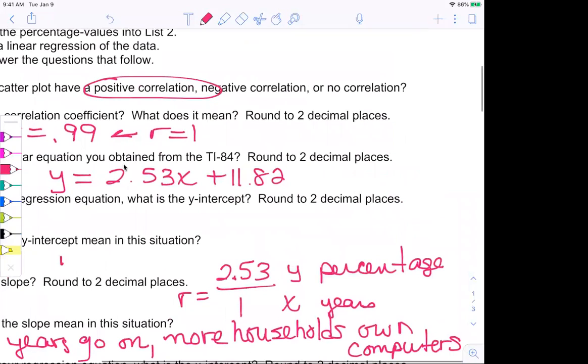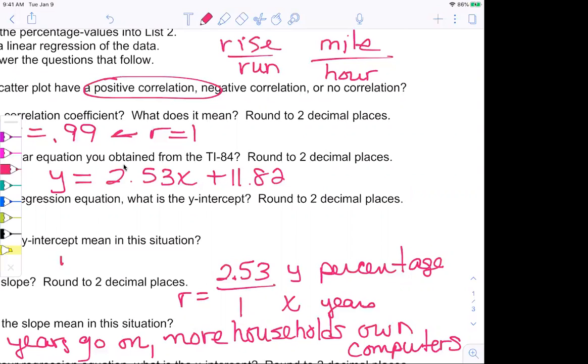So if you're saying miles per hour, slope is rise over run. The rise value is y, and the run value is x.